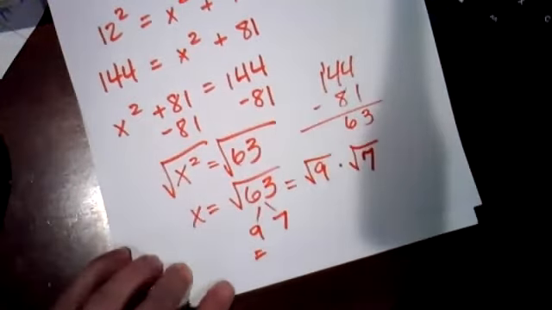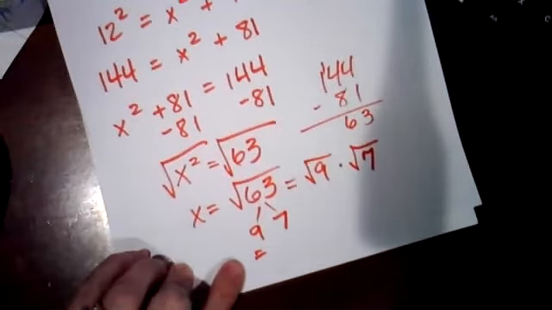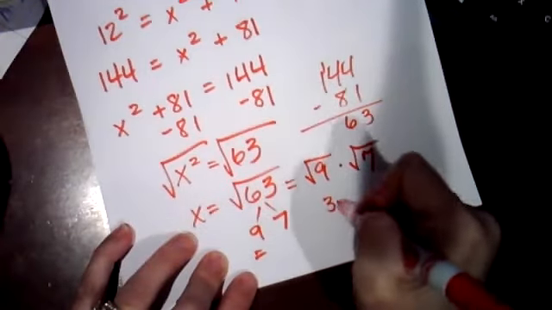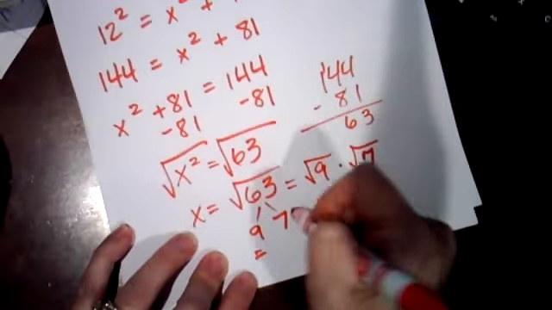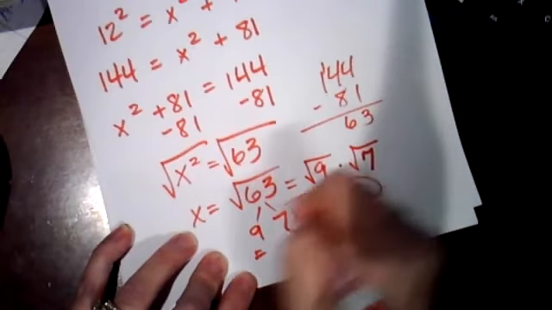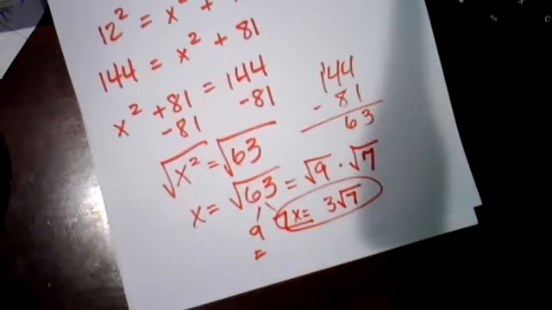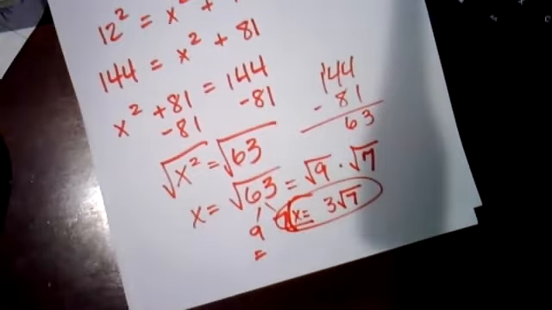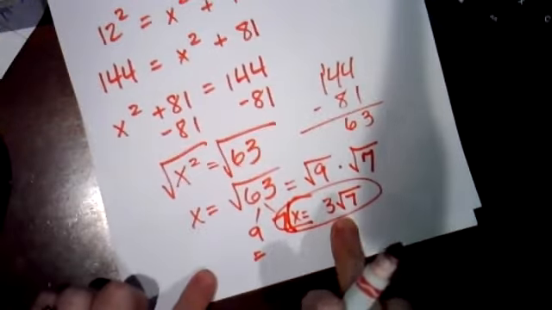Okay, this is practicing what we've been doing the last couple of weeks. What is the square root of 9? Well, it's 3. Okay, so my x is equal to 3 times the square root of 7. This looks like I'm circling that, but no, I'm not. Okay, so that's our final answer.